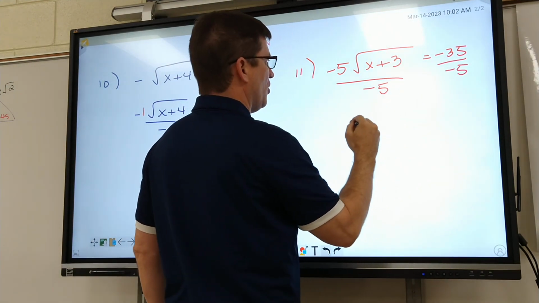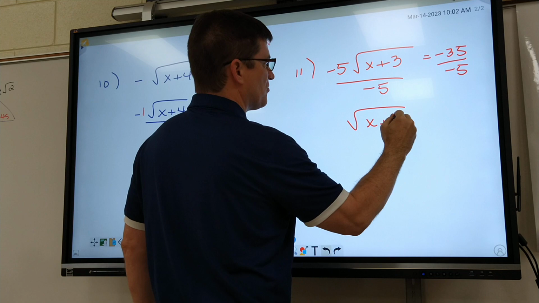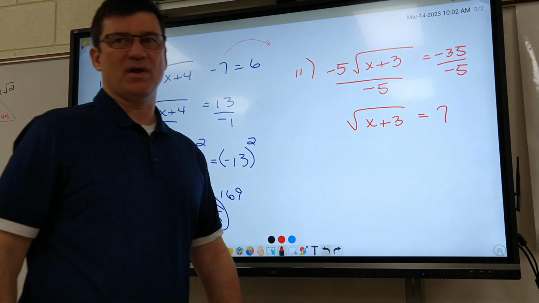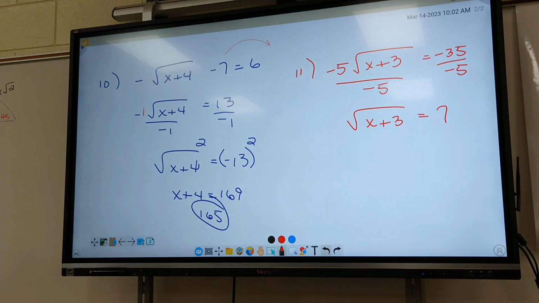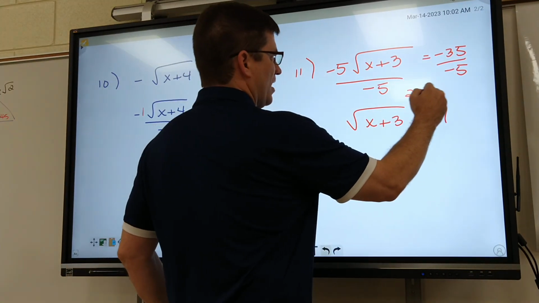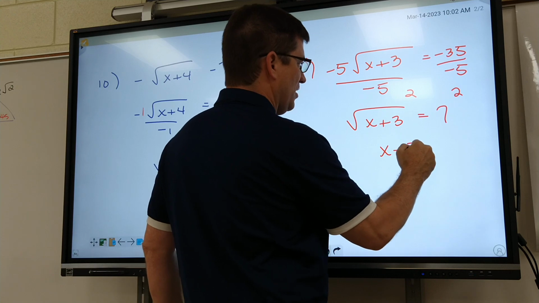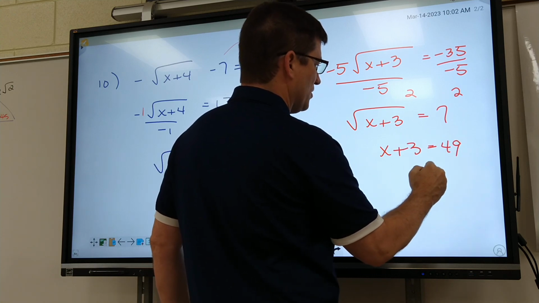That's the only way we can move it over. So I got square root of x plus 3 equals 7. Okay, finish it. So now we square both sides. So I got x plus 3 equals 49. So my answer is 46.